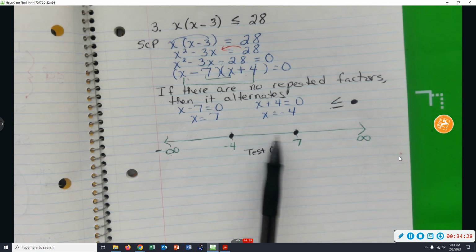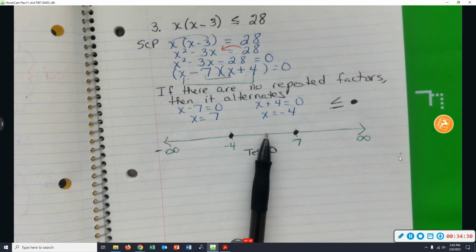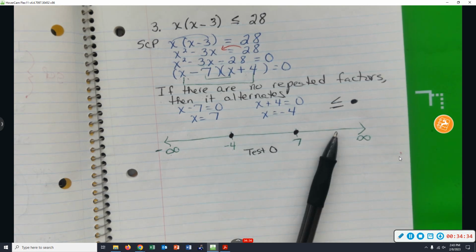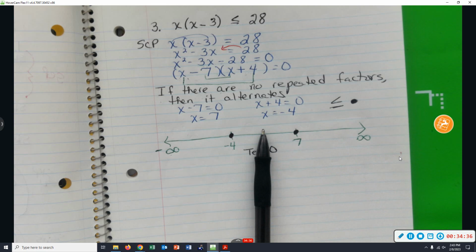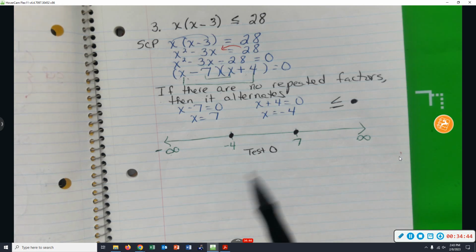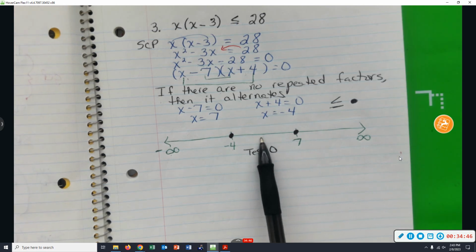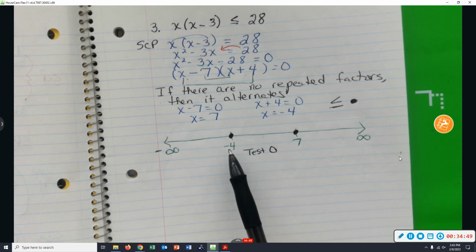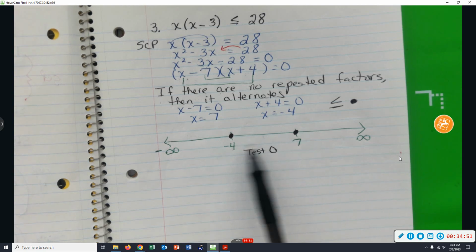I'm either going to shade this interval or cross it out. If this interval's true, I'm going to mark the other two as false. If this middle interval is false, I'll mark the other two as true. Okay? Is it clear why I'm saying this is the interval that has 0? 0 is always between a negative and a positive.